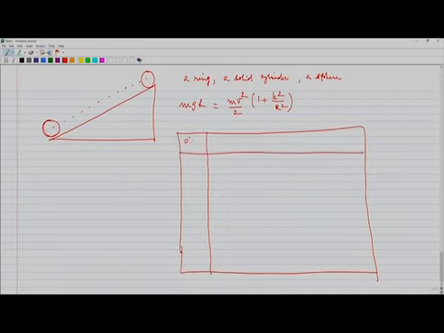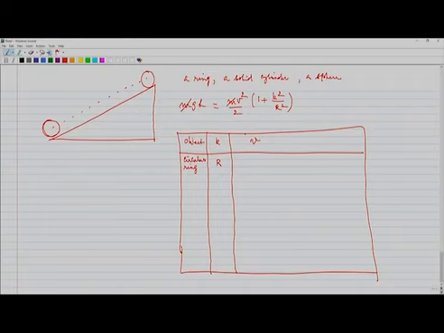This object. First I will have a circular ring. What is its k value, the radius of gyration? For a circular ring it is r. So I will put this expression here and calculate what v is.